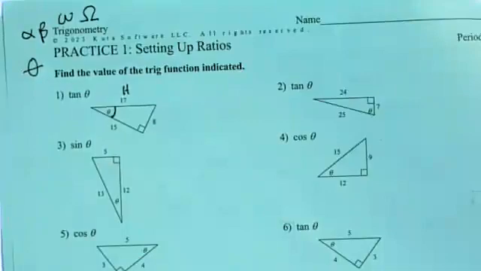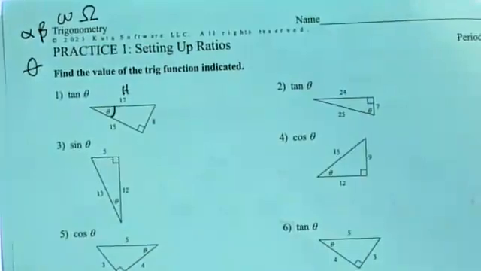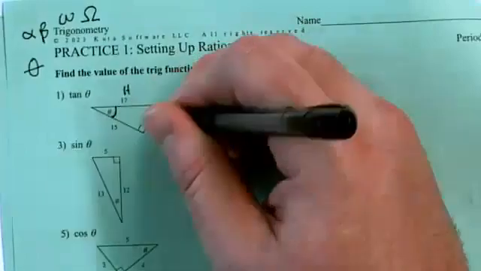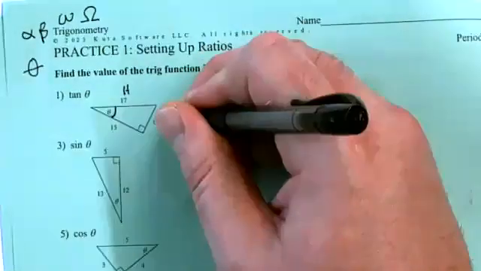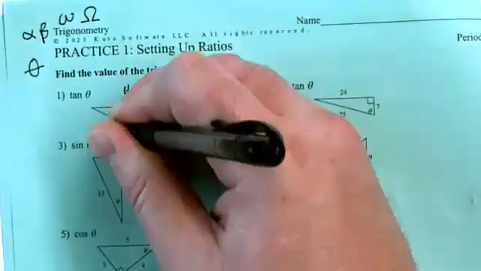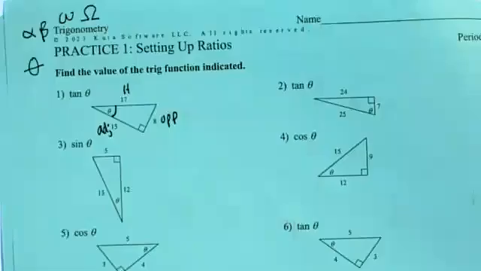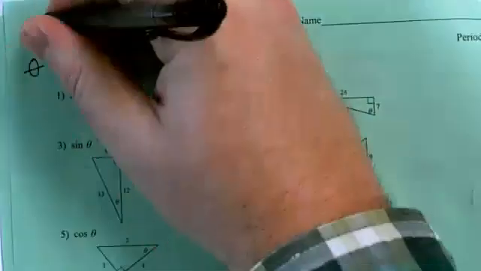Omega is also the last letter of the Greek alphabet. Uppercase alpha looks kind of like an A, I believe.